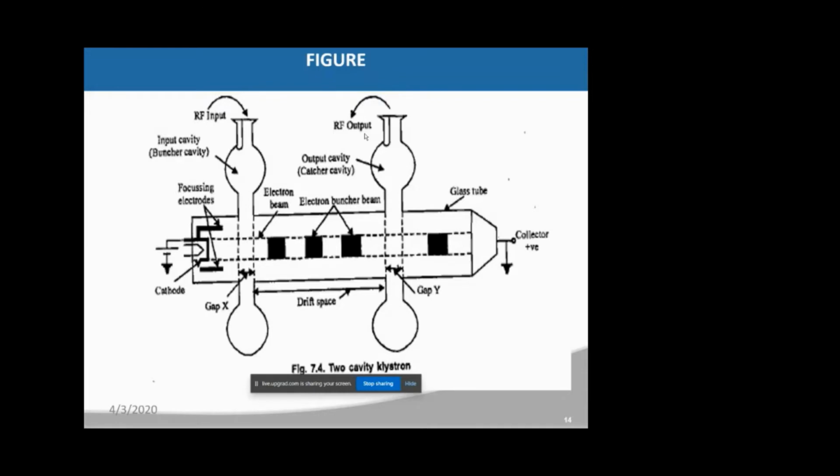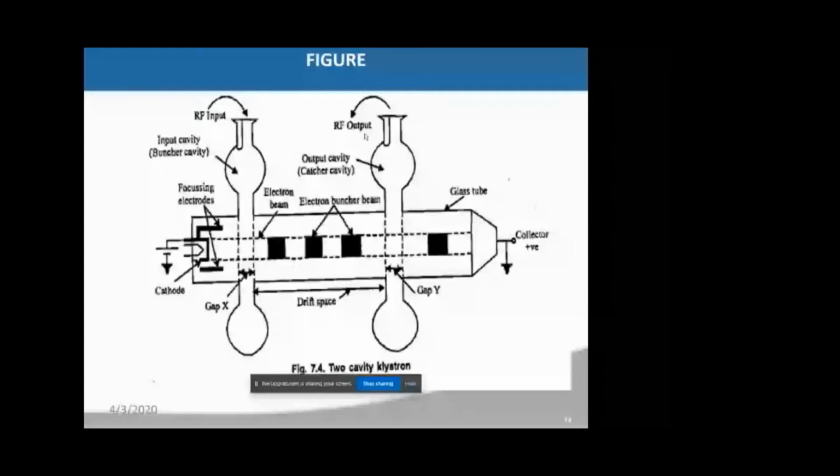In this case, the electron gun is the cathode, whose job is to continuously emit the electrons. Focusing electrodes focus the electrons only in one direction, so that the electrons cannot scatter here and there. Gap X is nothing but the gap between the input cavities.